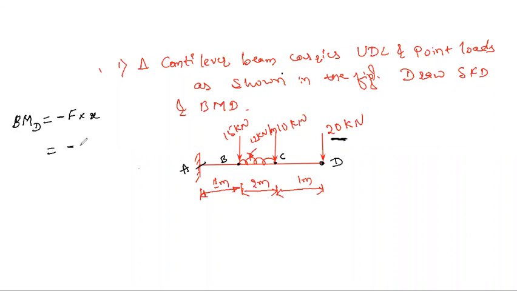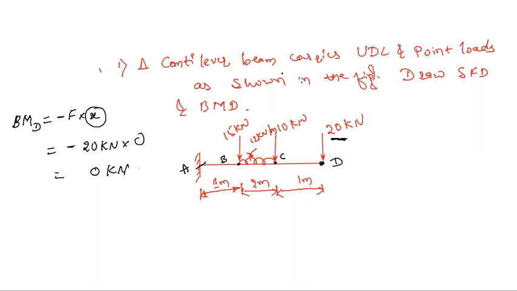At point D we have minus 20 kilonewton. This is the force, into the distance x. At this point we don't have any distance, so x is 0. So 20 into 0 is 0 kilonewton meter. So at point D we don't have any bending moment.